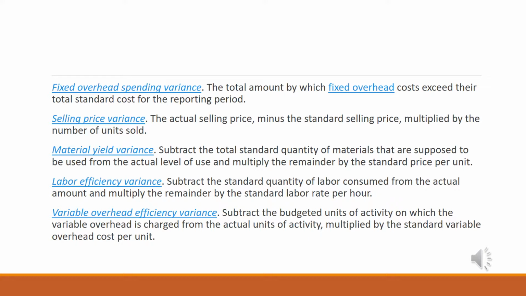Labor efficiency variance subtracts the standard quantity of labor consumed from the actual amount and multiplies the remainder by the standard labor rate per hour. Variable overhead efficiency variance subtracts the budgeted units of activity on which the variable overhead is based from the actual units of activity, multiplied by the standard variable overhead cost per unit.